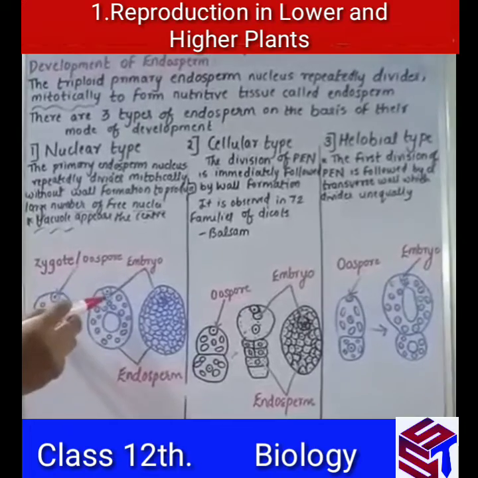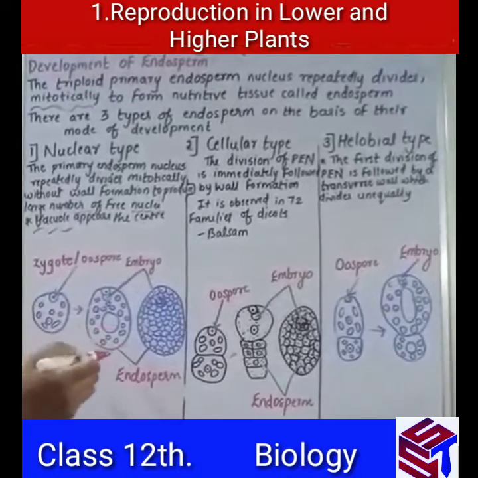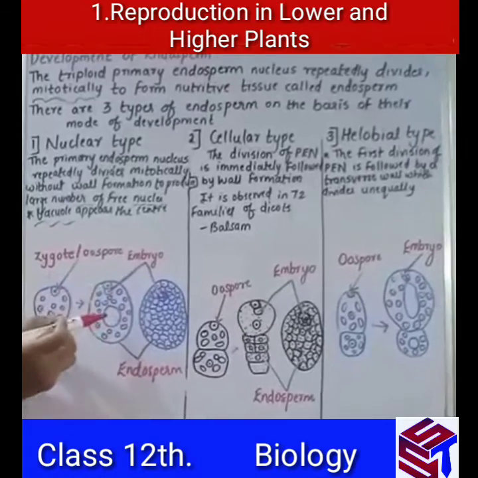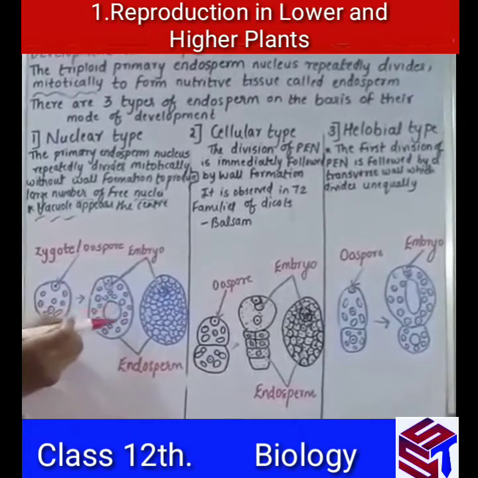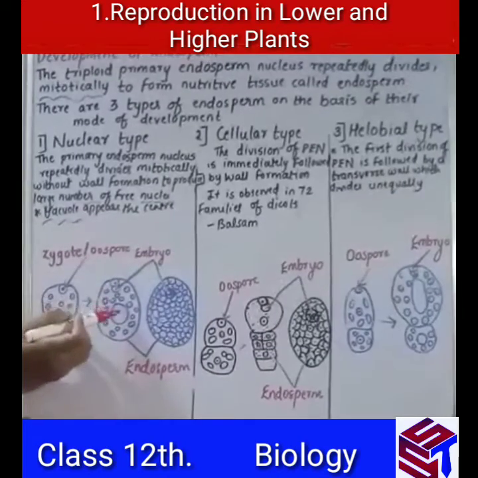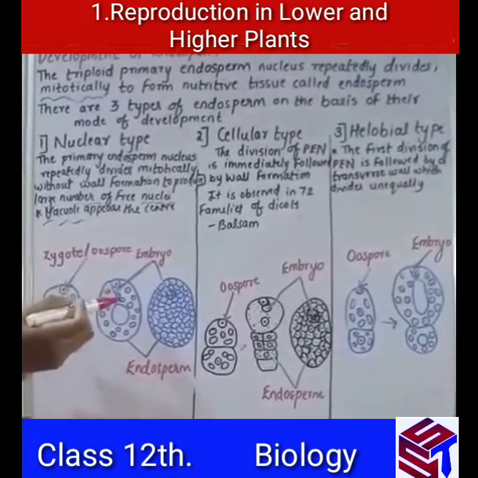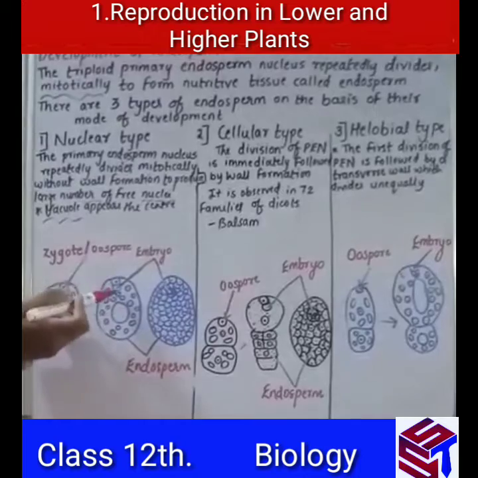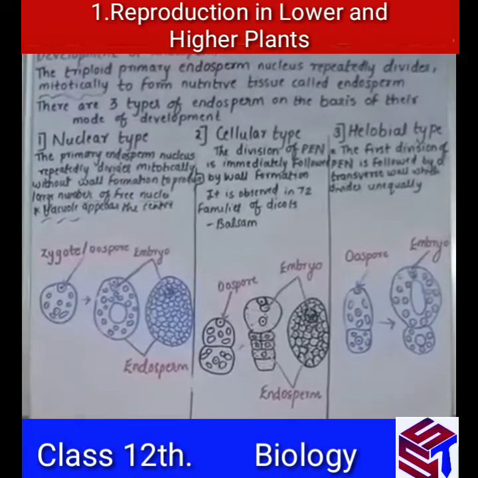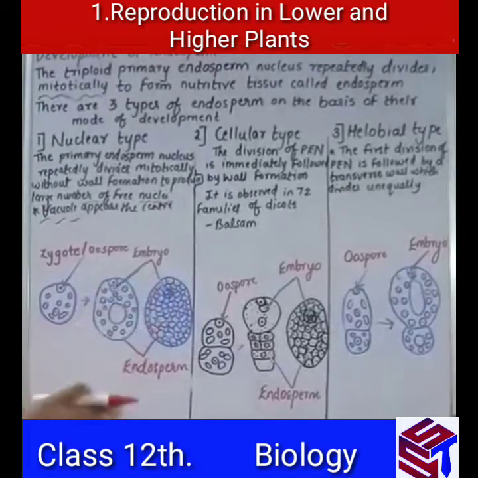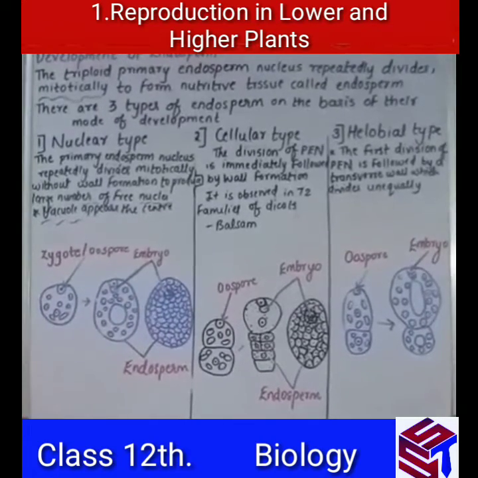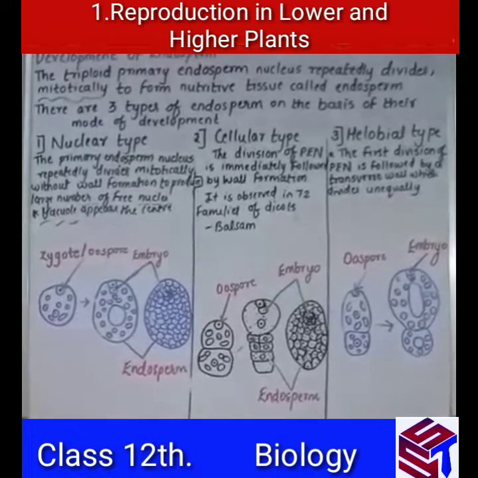Next the primary endosperm divides and creates free nuclei all over, and later this vacuole, which is created here, pushes the embryo or the oospore towards the peripheral position. Mostly the full division doesn't take place; it stops at the creation of the wall, and an empty space is created inside.